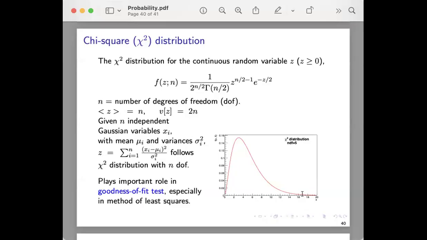So that gives us the p-value, and depending on the p-value, we'll say whether we can still think that this hypothesis is correct or not for fitting this particular set of data.